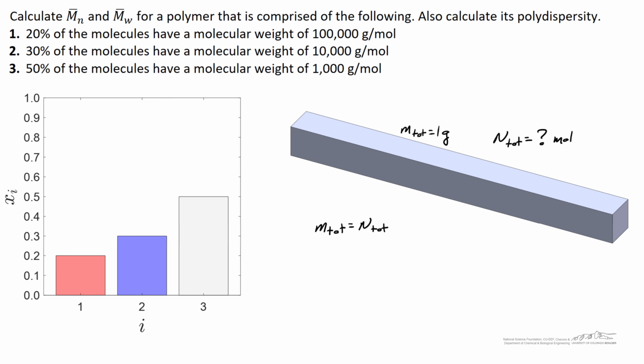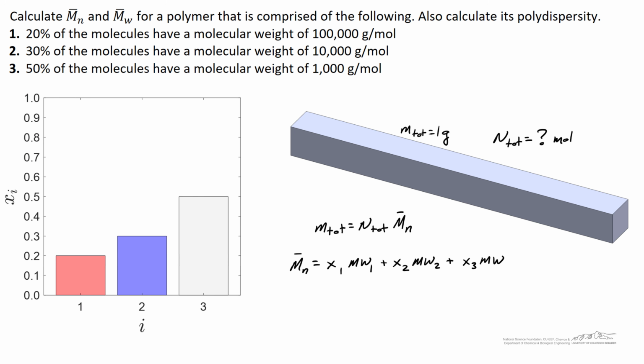It turns out that this molecular weight is equal to what's known as the number averaged molecular weight. We'll use M with a bar over it representing average molecular weight, and the subscript N means we're averaging over the number of molecules. The way we calculate the number averaged molecular weight is to take the mole fraction x1 multiplied by the molecular weight MW1 plus the mole fraction of the second molecular weight times its molecular weight plus the mole fraction of the third molecular weight times its molecular weight.